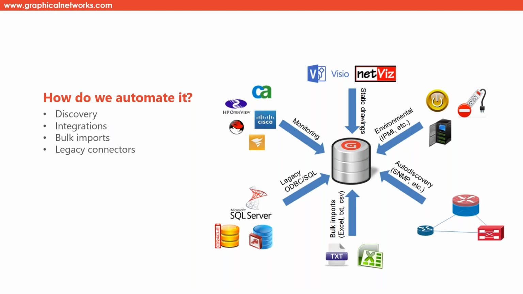That's how you can automate the diagrams, either by using our network discovery or the ability to integrate with your third-party management systems. You can also do bulk imports, a one-time import of spreadsheets or Visio diagrams. If you have KMZ, KML diagrams, you can also connect through those mechanisms.